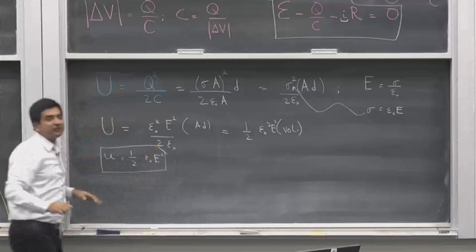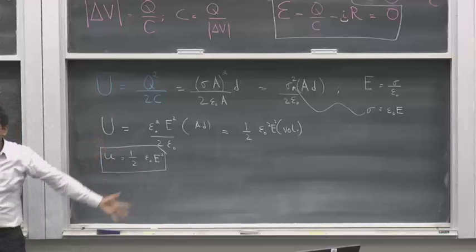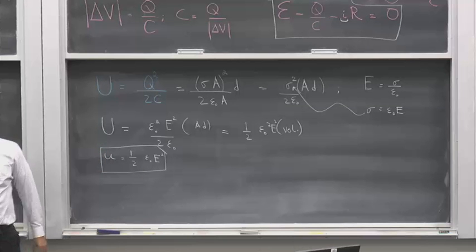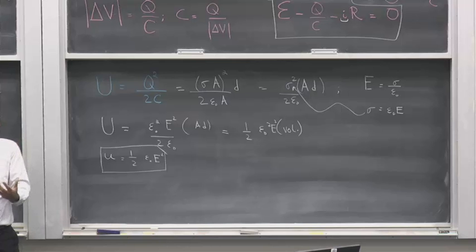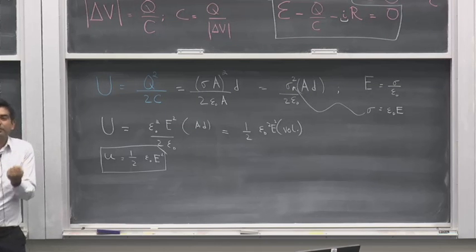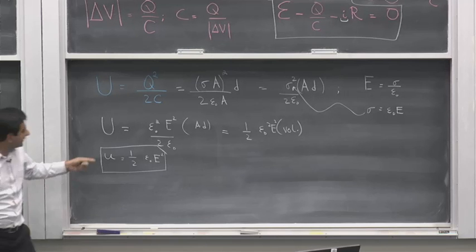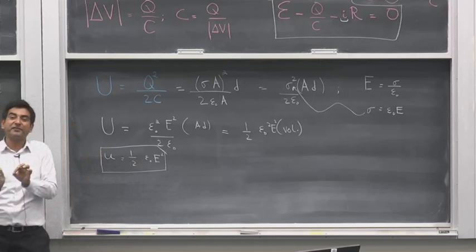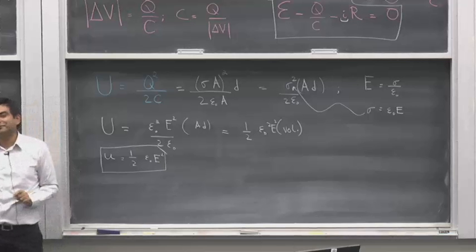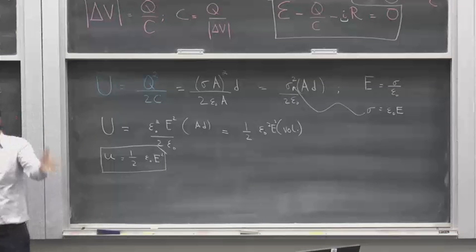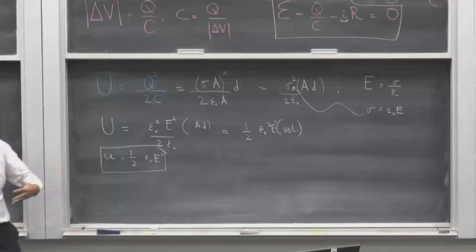So whether I have a capacitor or not, wherever there is electric field, the electric field carries energy, and the amount of energy per unit volume, called the energy density, borne by an electric field is given by half epsilon naught times the electric field squared. If there is magnetic field, it also carries energy.